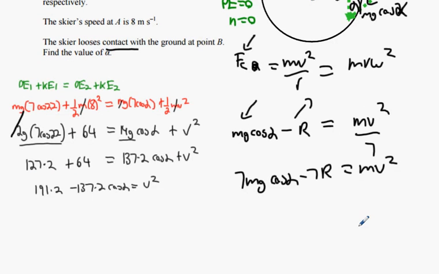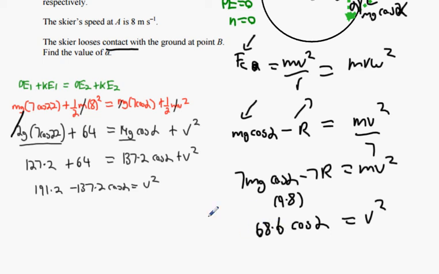So now we're going to have v squared equals 7g cos alpha. Change the g into 9.8. 7 times 9.8, anybody? 68.6. Let you work it out for a minute, you tell me. 7 times 9.8. I'm going for 68.6 anyway.